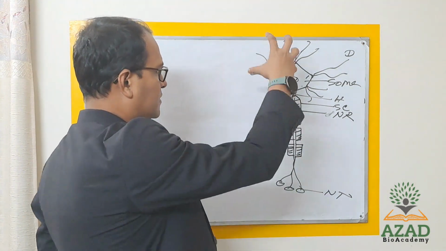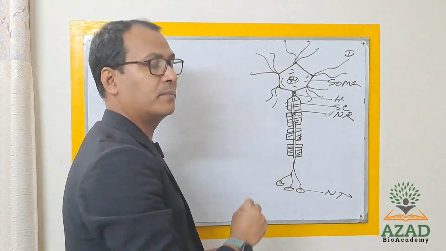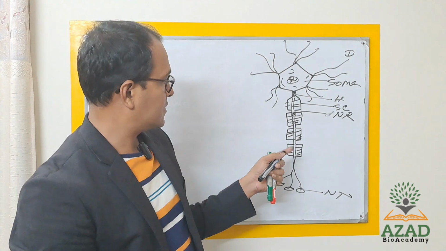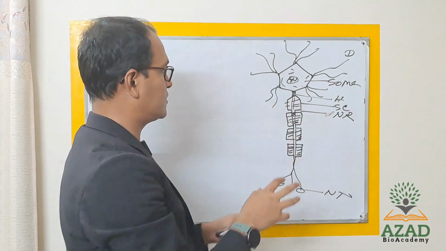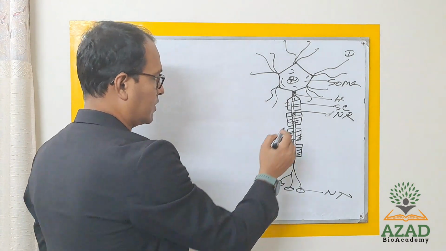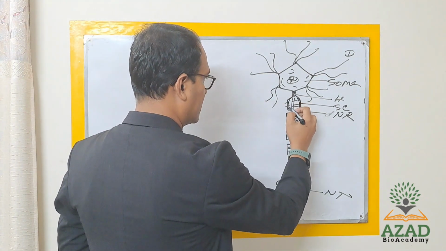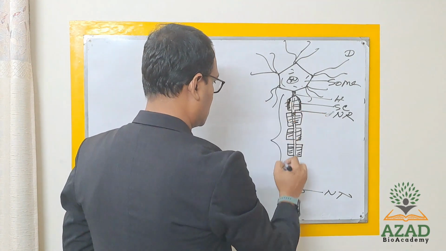Basically, the action potential will travel very quickly through this type of nerve cell. Here I want to mention that nerve cells have basically two types. One is the myelinated nerve. I already said this is the Schwann cell, then this is the myelin sheath, and this is the axon.